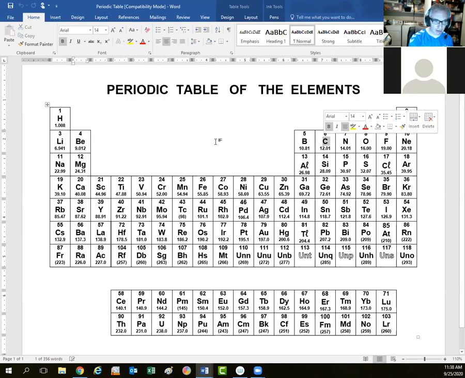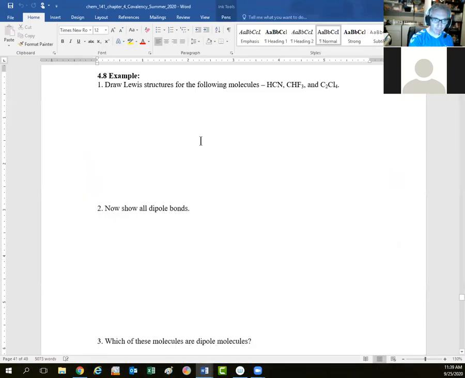Carbon, 1, 2, 3, 4 boxes, 4 electrons. And the nitrogen, 5 electrons. So that's going to give us a total of 10 electrons for this molecule.